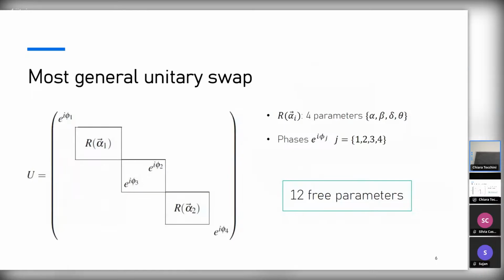So this is the most general form of this unitary operator with general rotation in the degenerate subspaces. So we have 3 parameters for the 2 rotations and all the 4 phase parameters. So we have 12 free parameters that, whatever we choose, will obtain an optimal unitary that implements the cooling.